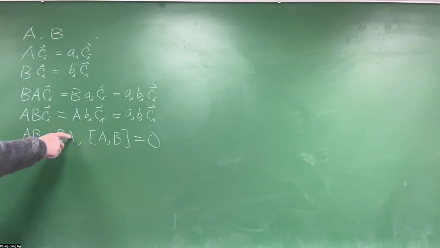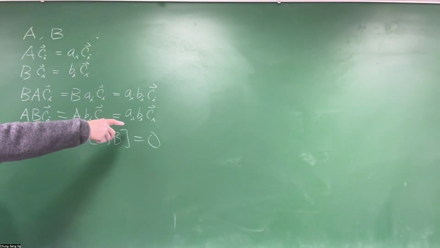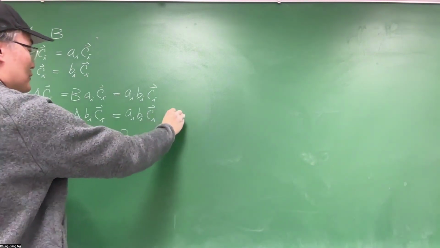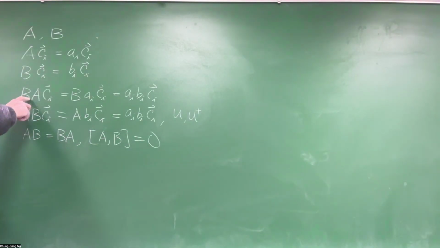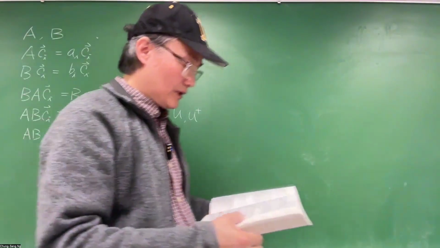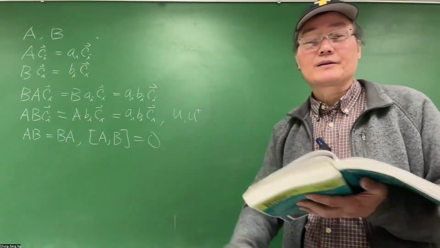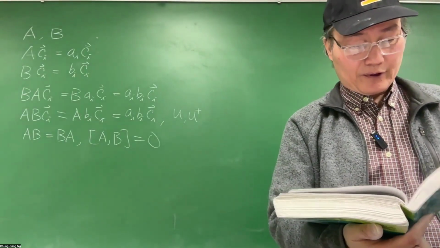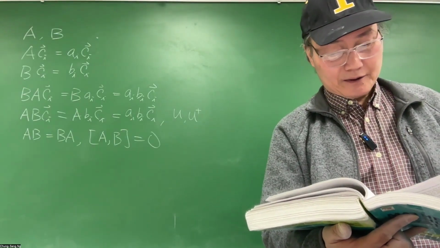If they have the same set of eigenvectors and they are Hermitian, then all these eigenvectors can form a basis to diagonalize your matrix or your operator. You can use the same U and U dagger to transform both A and B to diagonal matrices, because they are eigenvectors of both operators.